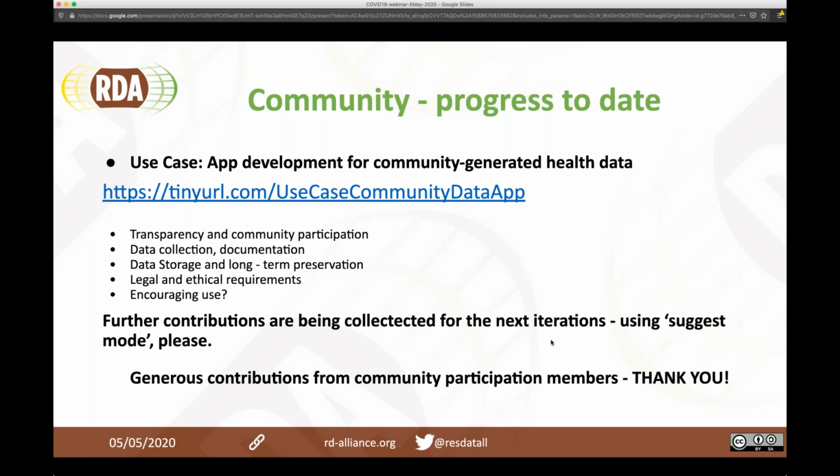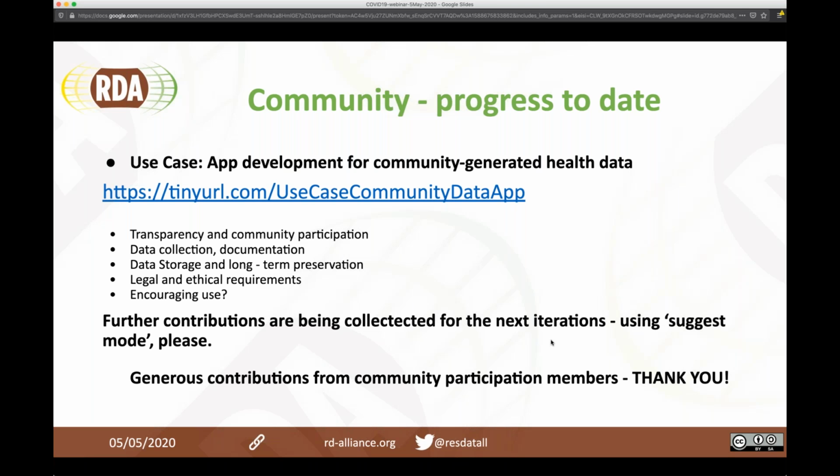In this document, we have outlined challenges and recommendations, and it is currently divided in various sections, covering topics like transparency and community participation, data collection and documentation, data storage and long-term preservation, also legal and ethical requirements. And I think software development is also missing as a key topic there.